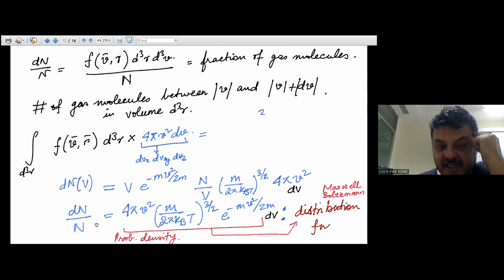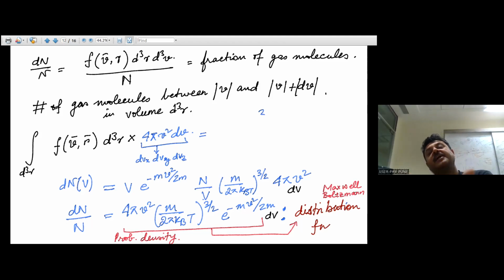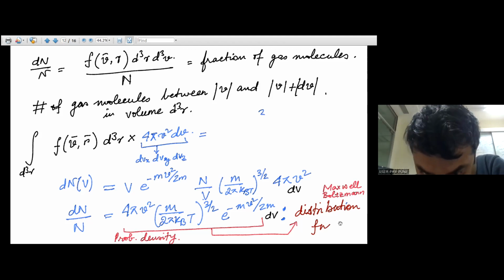On the other hand, this quantity is the probability density, probability per dv. If you multiply by dv, you get the fraction of particles or the probability. And this quantity is the probability density. That is the distribution function.